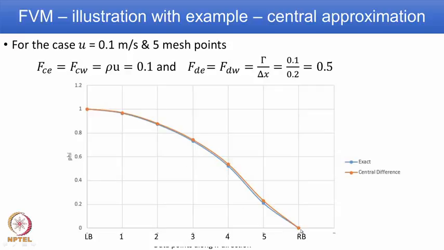Because the problem is very simple, the velocity is only 0.1 meters per second and we have only considered 5 nodes, the solution happens to be almost the same as the exact solution. So in this case there is no serious remark in terms of performance. It is only that for this condition CD exactly or very closely matches the exact solution.